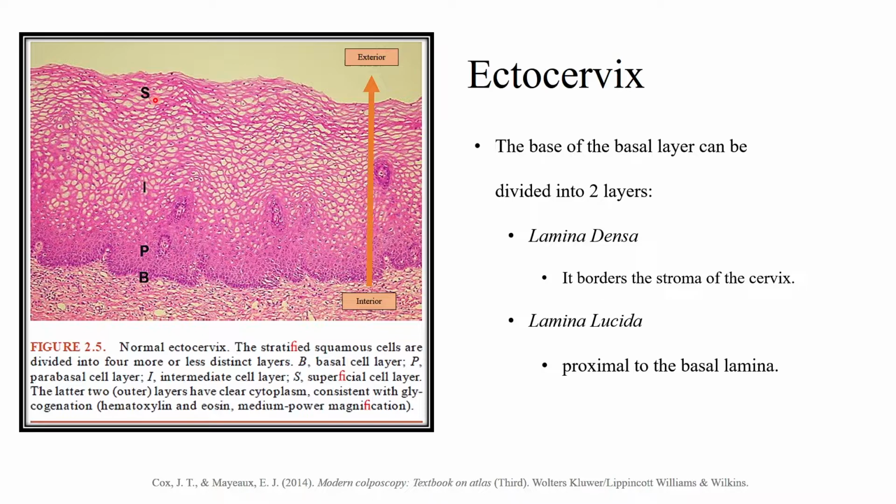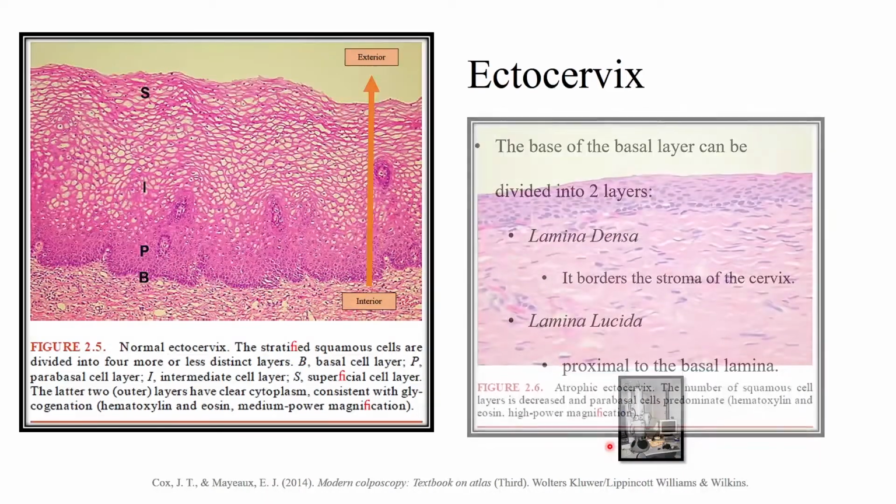What differs the superficial from the intermediate layer is that they are rich in glycogen, as we can see in here. The lamina densa and the lamina lucida can only be seen by electron microscopy, like this one in here.